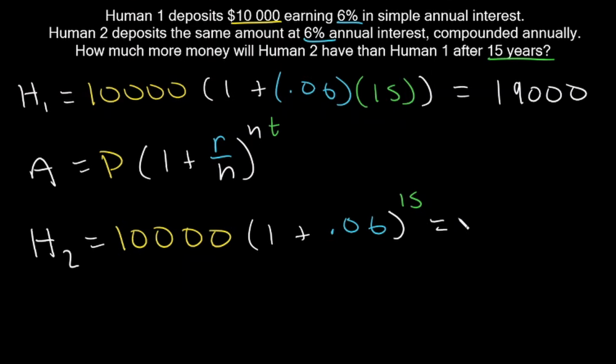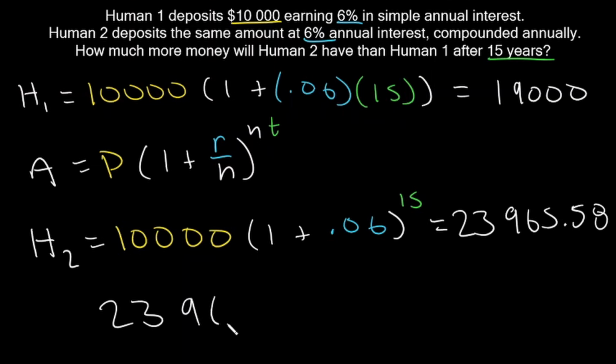So let's put that down over here. We have $23,965.58. So we need to know how much more money Human 2 will have than Human 1. So our answer is going to be Human 2's money, and then we subtract Human 1's money, which is 19,000.